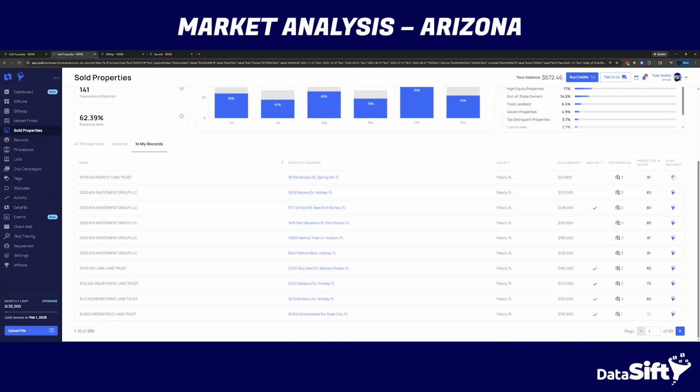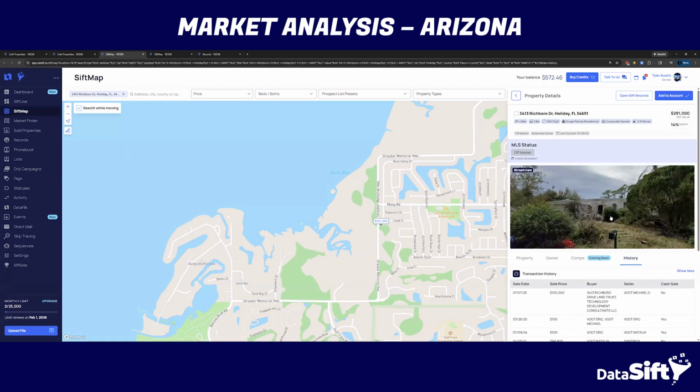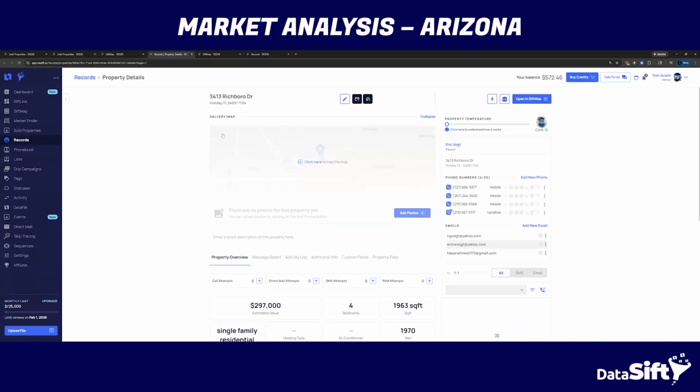That's what you can see if you add it into your account, which is nice, because then I can go in here and ask, what did I do to this one? What happened here? Okay, clearly it was distressed. I can see who bought and sold it. Then I can click open in Sift records, and this will open up in my account.